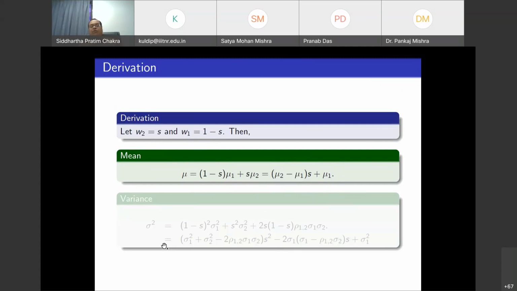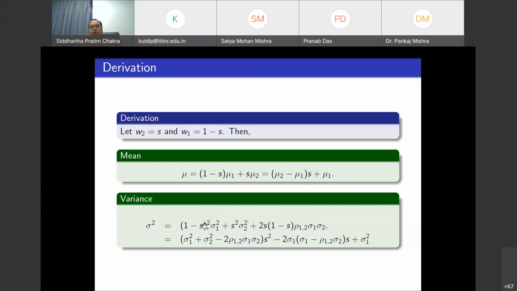What is going to be the variance? The variance is going to be W1 square, which is 1 minus S square sigma 1 square, plus W2 square, which is S square sigma 2 square, plus twice W1, which is twice 1 minus S, into W2, which is S, into rho 1 2 sigma 1 sigma 2. And remember that this contains quadratic terms, that is S squared terms.